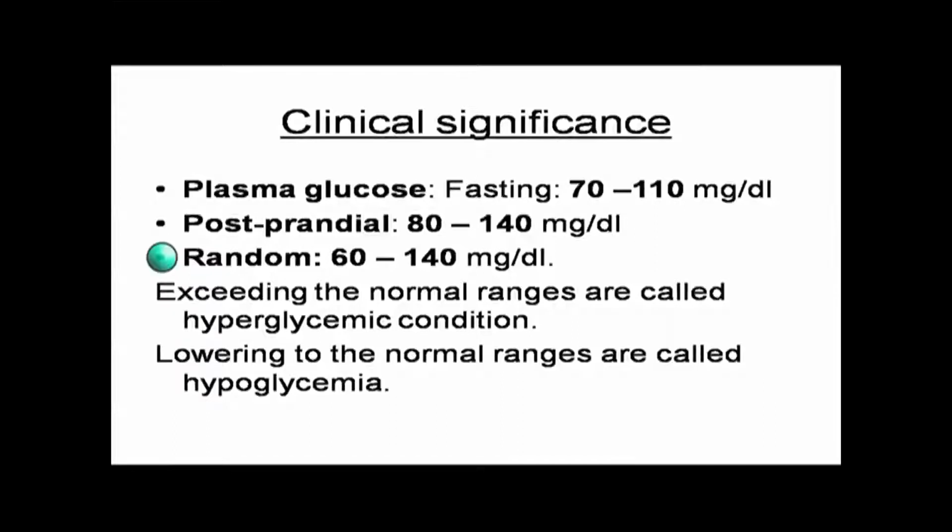Any value above these normal values is called a hyperglycemic condition, and any value lower than this normal value is referred to as a hypoglycemic condition. Hyper is excessive, hypo is less.